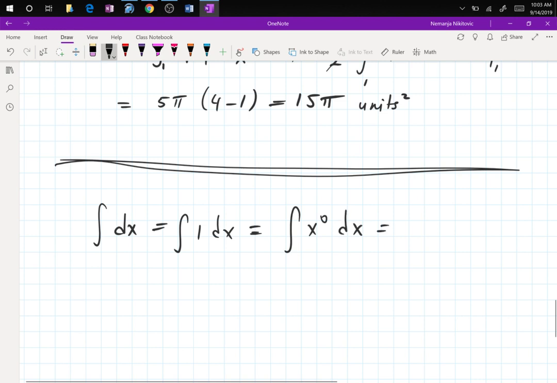And then when you use the formula x to the n plus 1 over n plus 1, because this is x to the 0, you get x to the 0 plus 1 divided by 0 plus 1 plus c, which is x plus c. That's why integral of dx turns out to be x. And if you have definite integrals with limits, then you don't have plus c, you put the line and these limits. Ta-da!